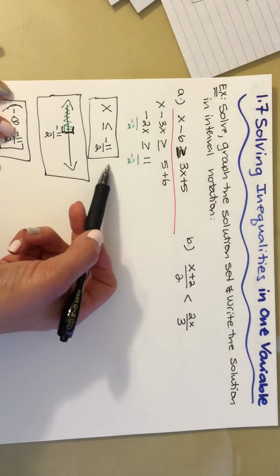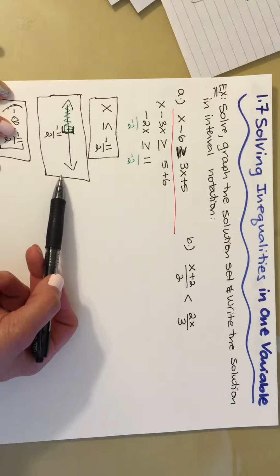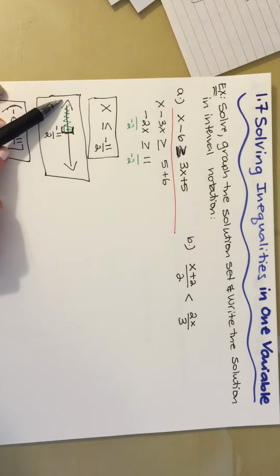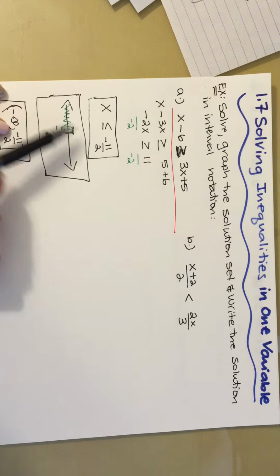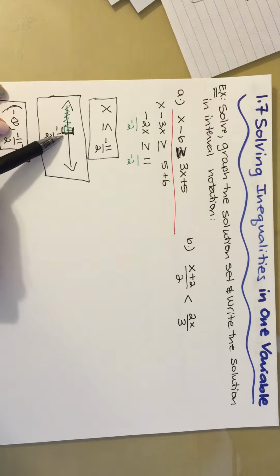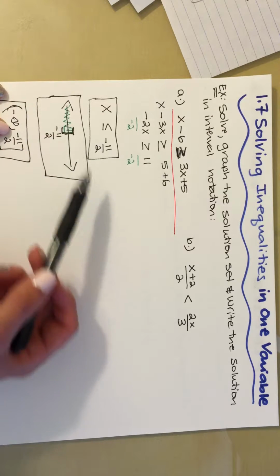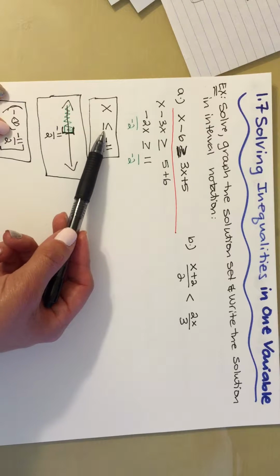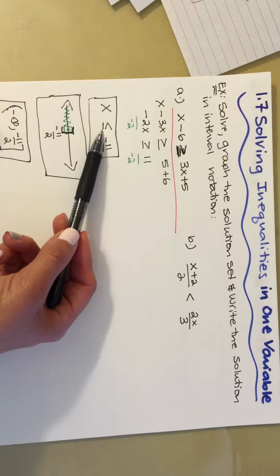This is my solution. To graph the solution set on a number line, we shade to the left because those are all the numbers that are less than -11/2, and you have to use a bracket because we have to include -11/2 since we have the equal.